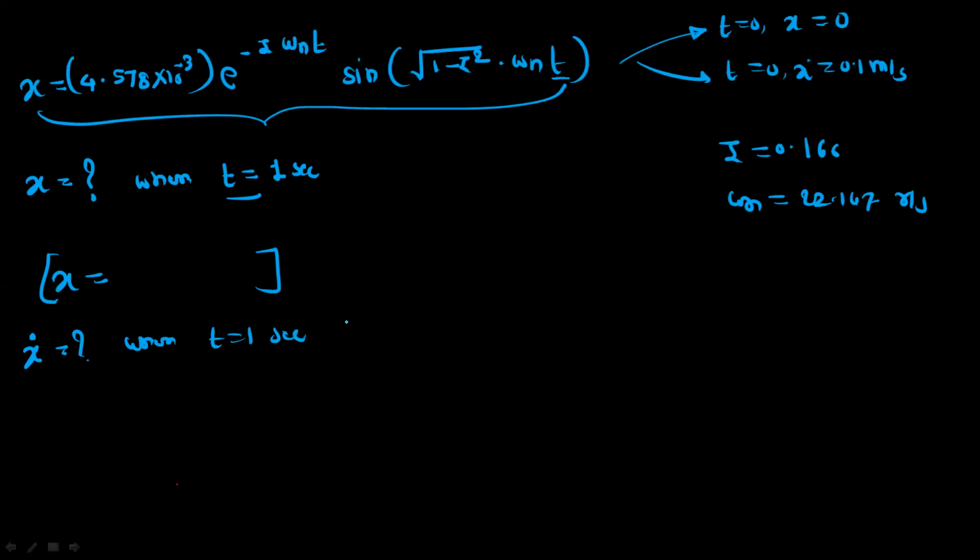So right now we don't have the equation for x dot. This equation is x. So we should differentiate this equation to get the equation for x dot. So just differentiate this complete equation.